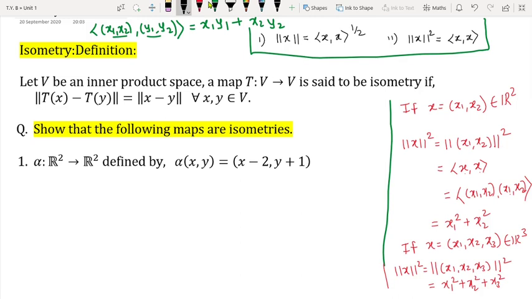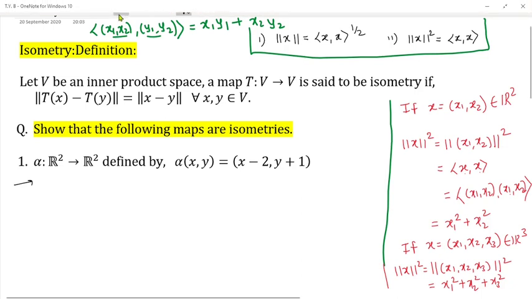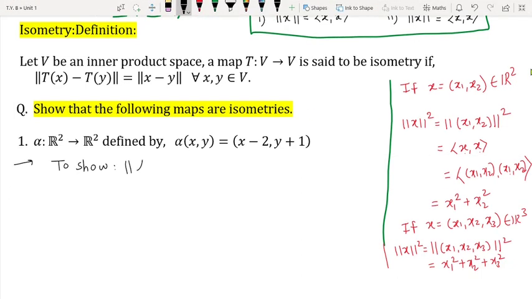So what we have to show is, okay, now I have to use some different notations because you will get confused otherwise. So what we have to show over here, just I will take it a bit down, norm of alpha of z1 minus alpha of z2, I hope you understand why z1 z2, is equal to norm of Z1 minus Z2, small z, just note this for all Z1, Z2 belonging to the domain.